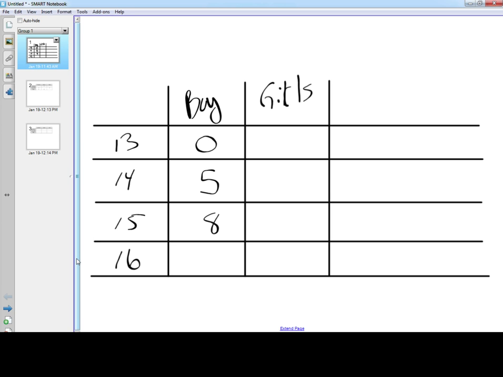And if you're a boy and you're 16. 1. Thank you. If you're a girl and you're 13. 0. If you're a girl and you're 14. Awesome. If you're a girl and you're 15. 1, 2, 3, 4, 5, 6, 7, 8. And if you're a girl and you're 16. 2.